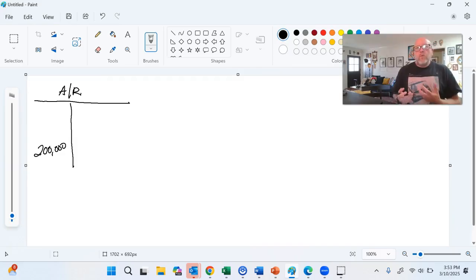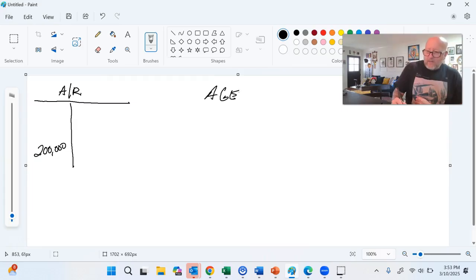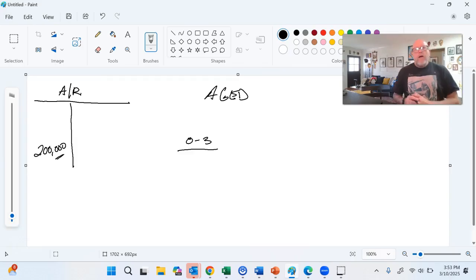So what we're going to do under the aged receivables approach, right? I'll just call it aged receivables approach, is I'm going to take this 200,000 and I'm going to break it up into buckets. And I'm going to say, hey, what portion of the 200,000 resides in 0 to 30 days outstanding, right?